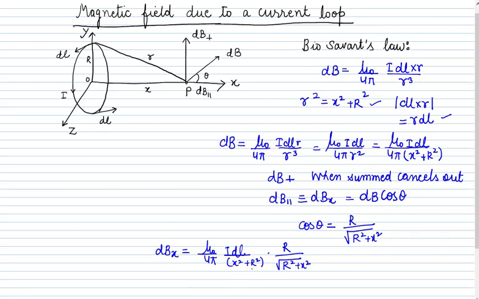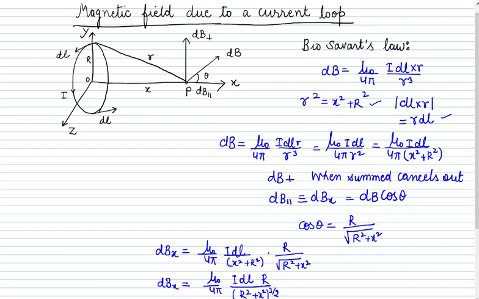If you sum all these terms, the resultant dBx, the parallel component of the magnetic field, is equal to mu naught upon 4 pi I dl r upon r square plus x square to the power 1, and r square plus x square to the power half. If you add these two, you will have r square plus x square to the power 3 by 2, that is 1 plus half is 3 by 2.